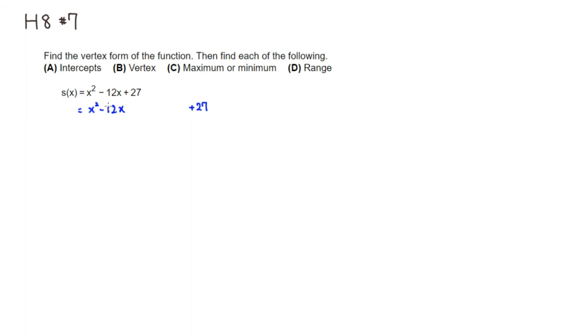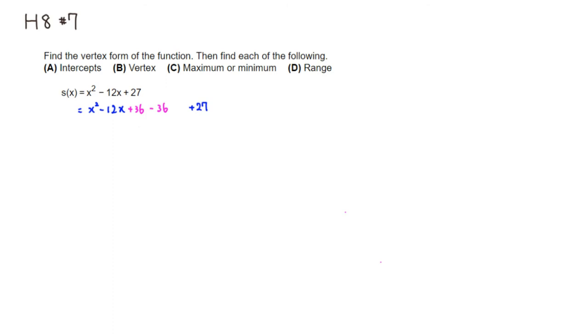All we have to do is take negative 12, the coefficient of x, divide by 2, which is negative 6, then square that number. So divide by 2 and square. Negative 6 squared is 36. So I'm going to put plus 36 and then subtract 36 right away.